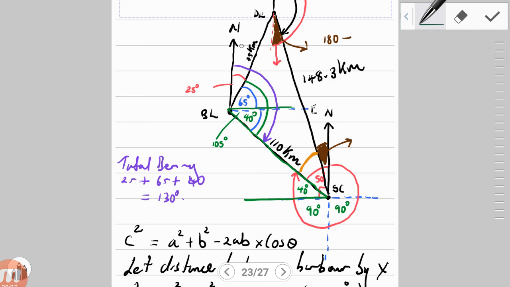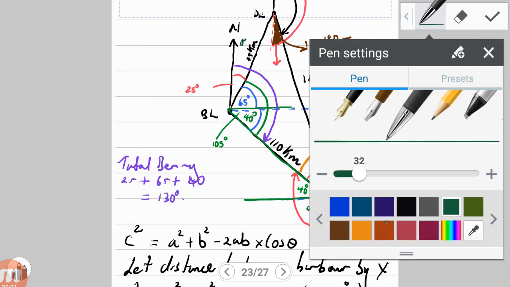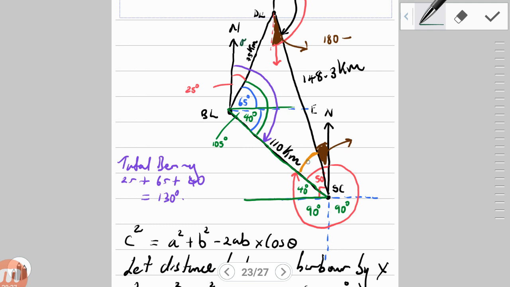We're going to call this side here small a, and the angle we're looking for capital A. Then we're going to call this side here small b, and all of this angle in between here big B.